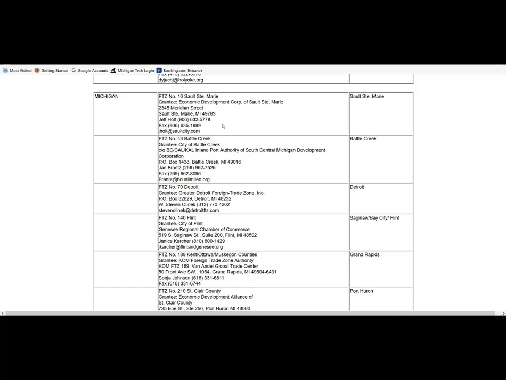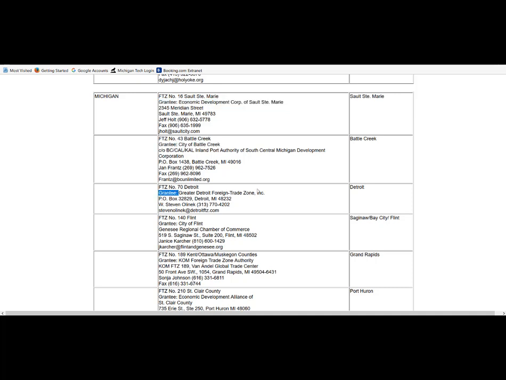You also can see who runs those foreign trade zones. So for example, in Sault Ste. Marie is the Economic Development Corporation, and then they grant license to firms to operate there. In Battle Creek is the city.